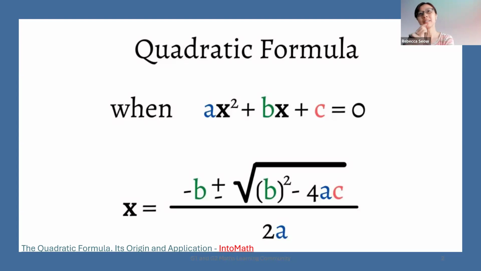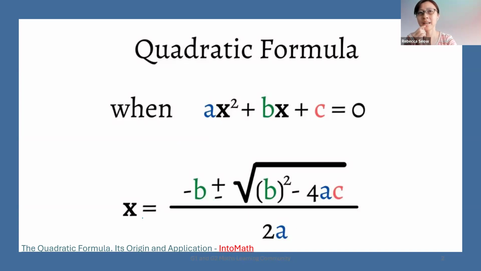So when you have something in this form, a is the number in front of the x squared term, which is the coefficient of x squared. b is the coefficient of the x term, and c is the constant term. Now with the values of a, b, and c, we can find the solution, which is x, by substituting these values into the formula as you see at the bottom over here.